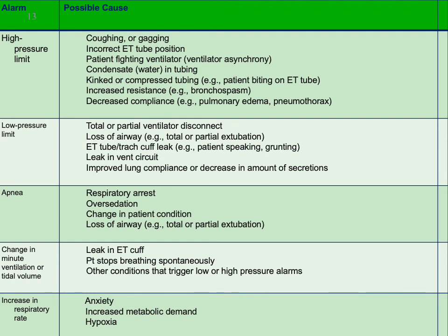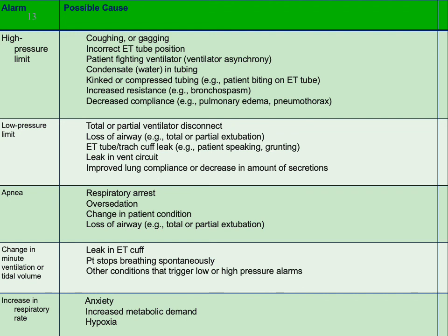The next alarm that we will look at is apnea. Some causes of apnea are respiratory arrest, over-sedation, changes in the patient's condition, and a loss of the airway, either total or partial extubation or dislodgement.